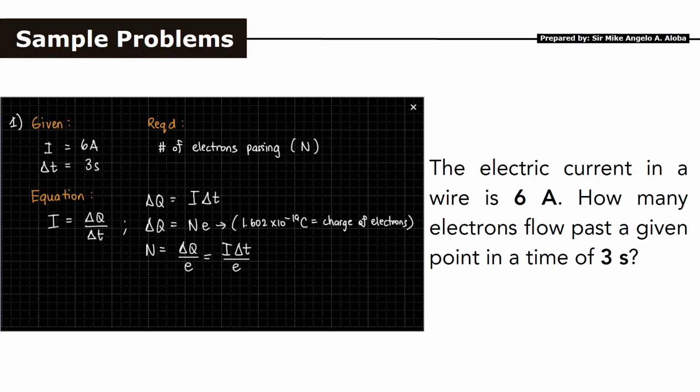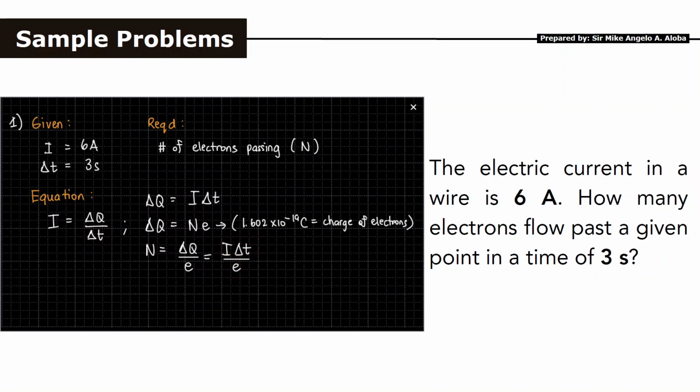And from here, substituting this into this and solving for N, we will get that delta Q over e is the same as I times delta T over e.